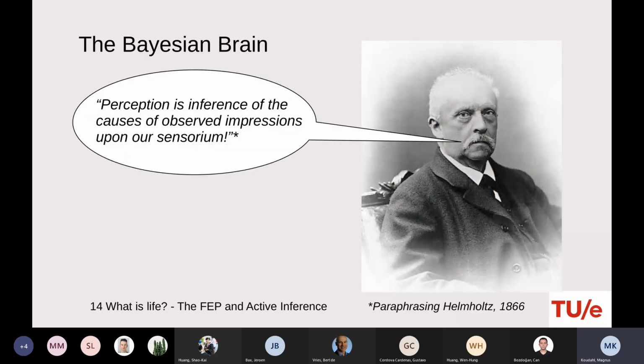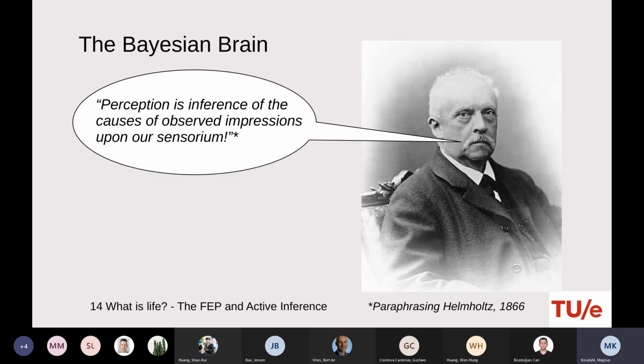The Bayesian brain hypothesis is not new. This handsome gentleman we see here is, if there are any Germans in the audience, I apologize for the horrible pronunciation, Hermann von Helmholtz. He was a brilliant scientist working in the 1800s.